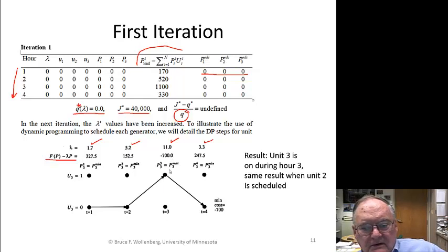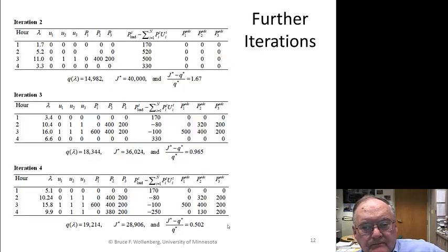And the result is that when I get to unit number 3, units 1 and 2 don't come on, but unit number 3 goes on during this period because this is negative. If this is negative, it'll turn it on, and then it comes back down. So here's my optimum schedule. The optimum schedule for 1 and 2 is to just go right across the bottom and never turn anything on.